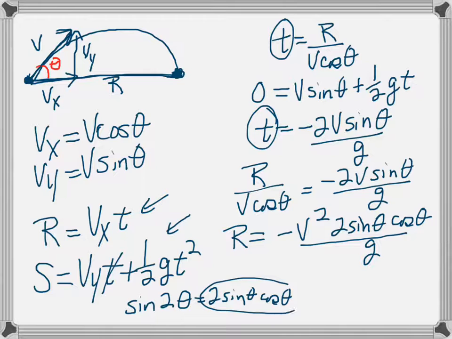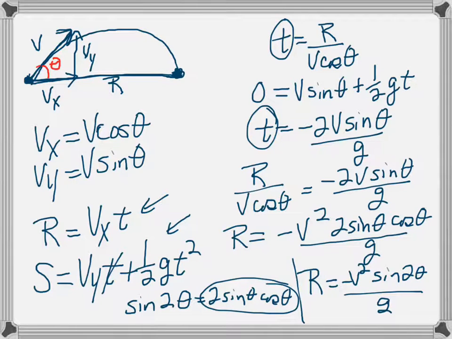So you see this part right up in here. So we're going to replace that with sine of 2 theta. So my equation is range equals negative v squared sine of 2 theta all over g. And that is the derived equation for the range of a projectile shooting and landing on the exact same plane.